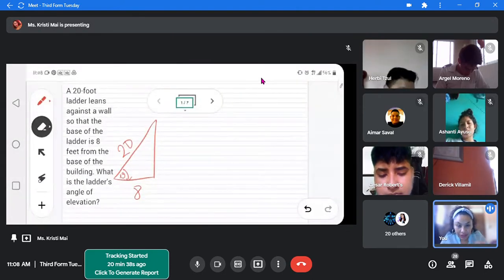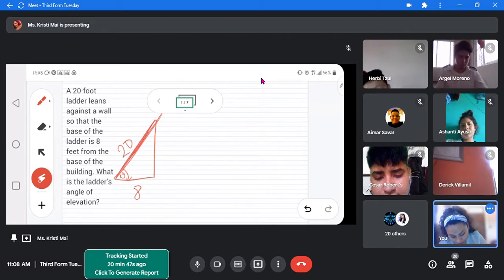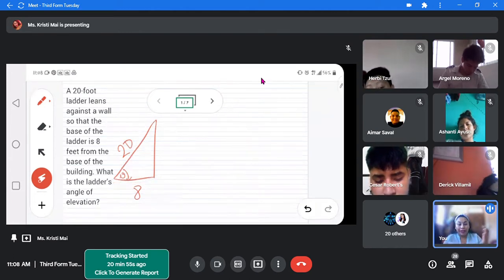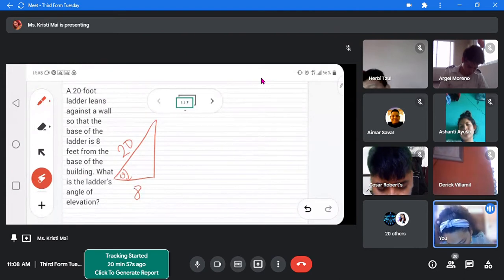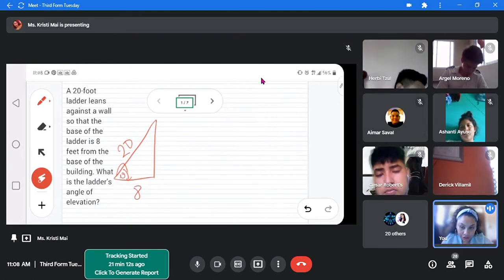From that illustration, we got this drawing, where 20 is the ladder, the 8 is the distance between the ladder and the base of the building, and this line is the wall the ladder was leaning against. It's asking me to find the angle of elevation. So now I am looking for this one, the angle of elevation.